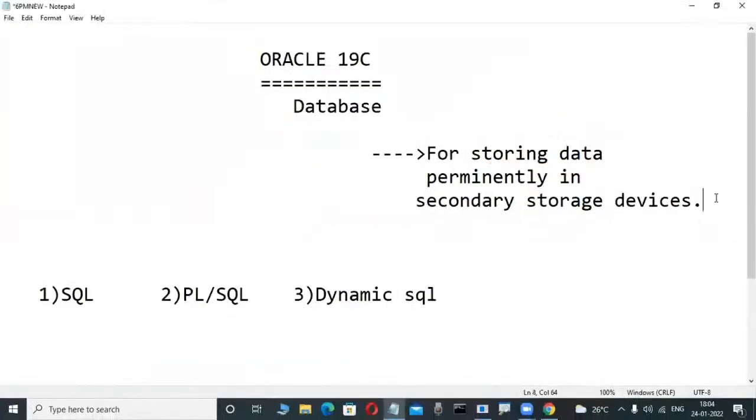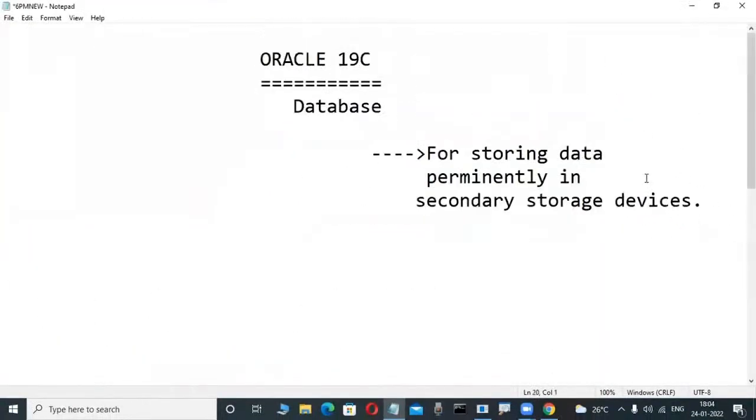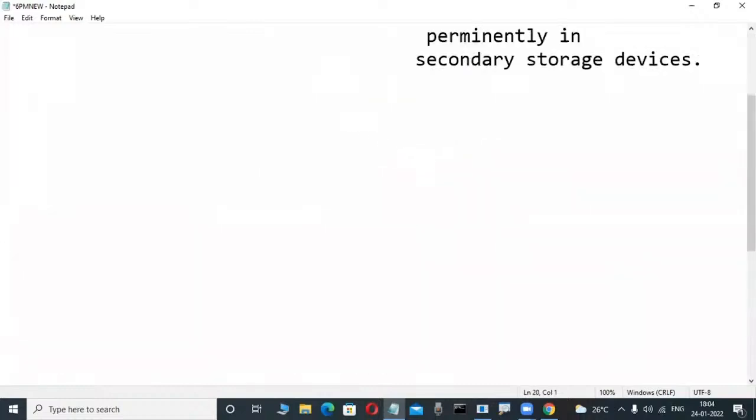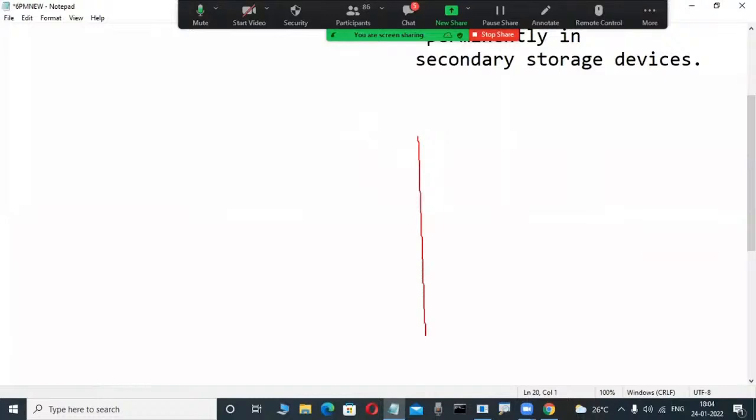But as I told in previous classes, a database is a place. Whenever we install Oracle, SQL Server, or DB2 in our system, automatically one place is created. That is called a database.